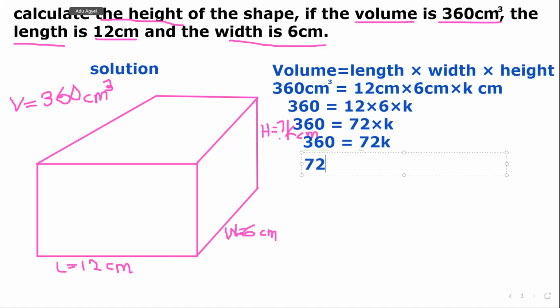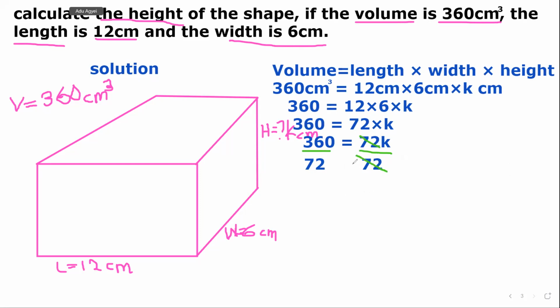Here is 72, and here is 72. So when you divide both sides by 72, this 72 will cancel this 72.